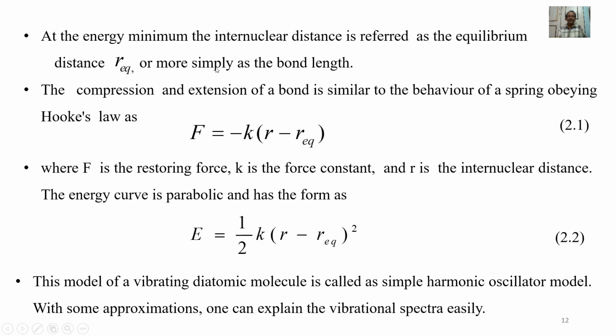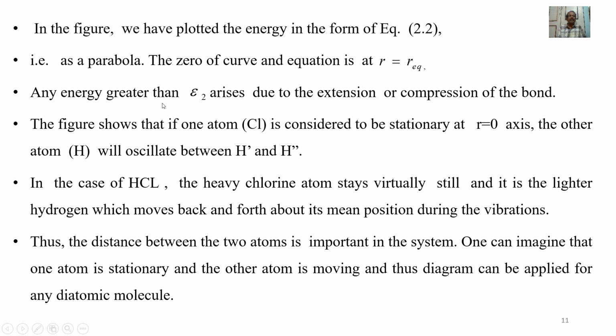This is E equals 1 by 2 k (R minus R equilibrium) whole squared. So this is exactly like half kx squared, which is nothing but a parabolic form. Any energy greater than E2 arises due to the extension or compression of the bond. The figure shows that if one atom, chlorine, is considered to be stationary at the R equal to 0 axis, the other atom, hydrogen, will oscillate between H prime and H double prime.